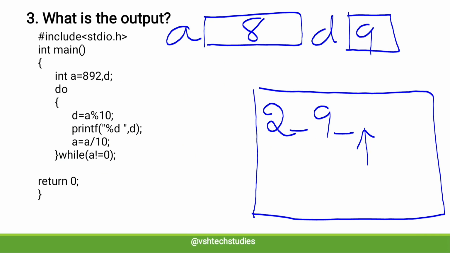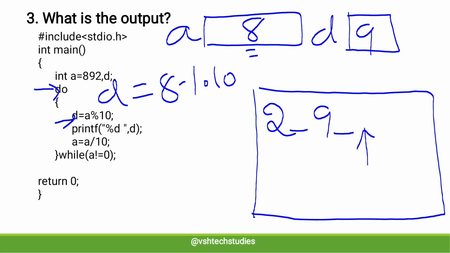In the next iteration, the first statement is D equal to A mod 10. A is 8, so 8 mod 10. When 8 is divided by 10, the remainder is 8 only. So that is assigned to D. From D, 9 is taken out and 8 is saved in D. Second instruction, printf integer value from D. So this is printed here.